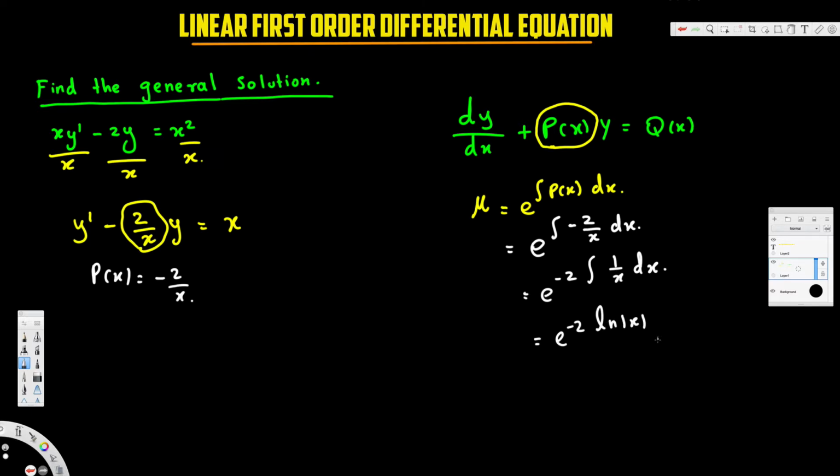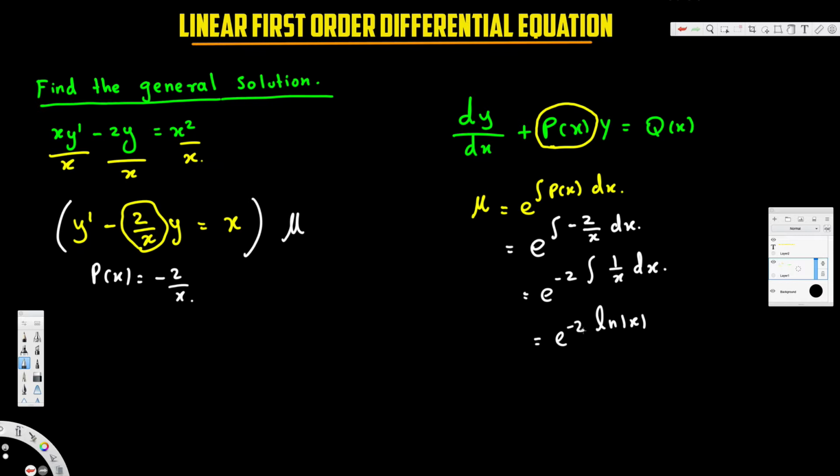We don't have to worry about the constant, because after we find the integrating factor, we have to multiply it by both sides of this equation. When we multiply, this constant cancels on each side. So we don't need to worry about the constant for now, because at the end we are going to add the constant together, right?